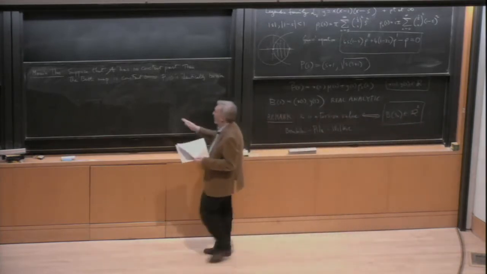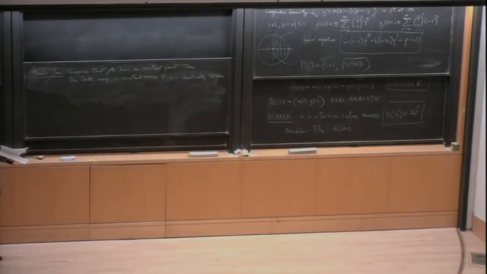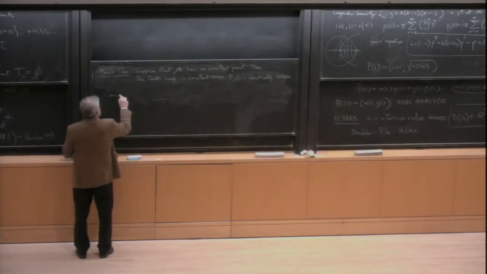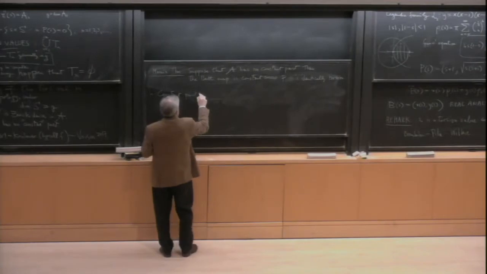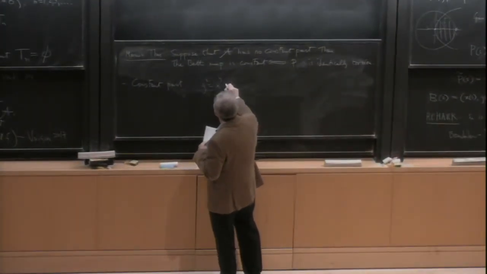Let me give just an example to show what happens when the constant part is big. Take this family of elliptic curves.